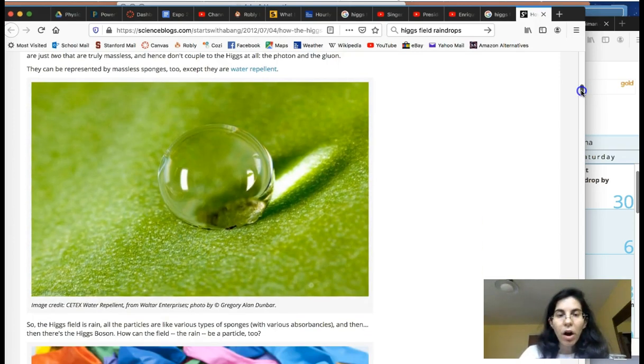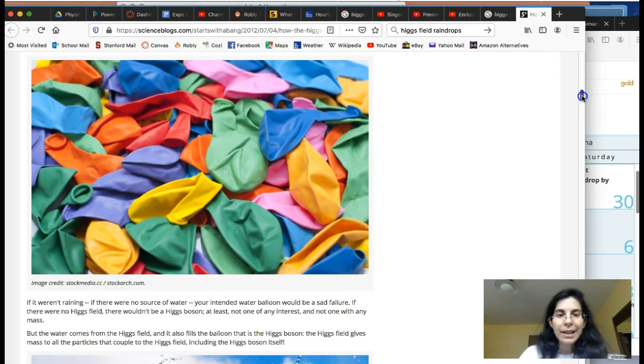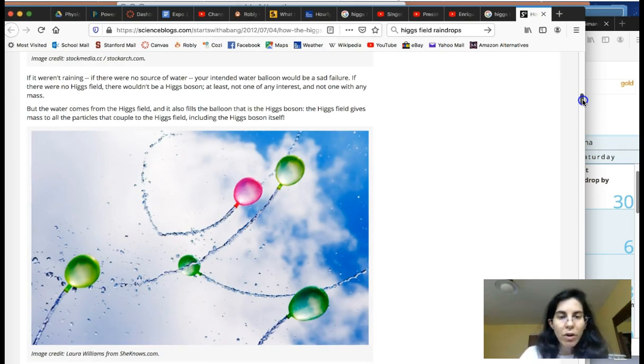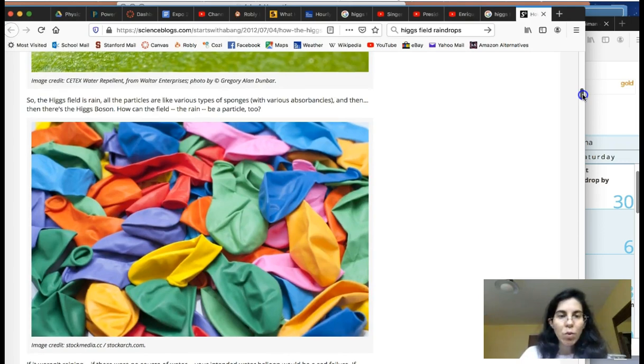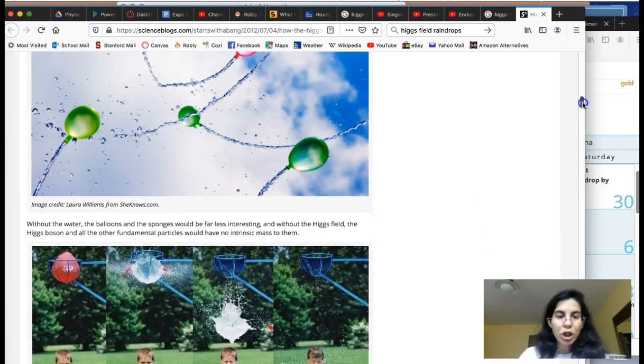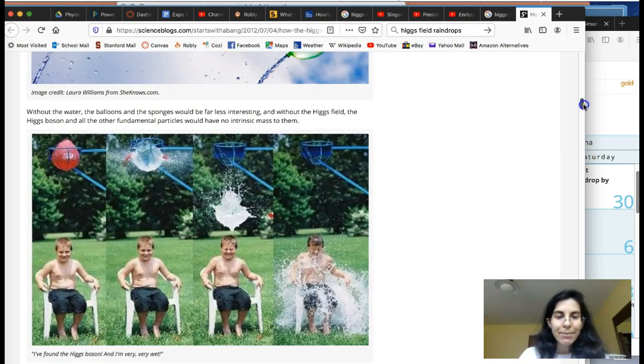Then there are materials like photons and gluons that have no affinity for the Higgs. They get wet, but unlike, say, a water balloon, they don't change their properties depending on how much mass they can hold and how much E equals mc squared they can deliver when you bump into them.